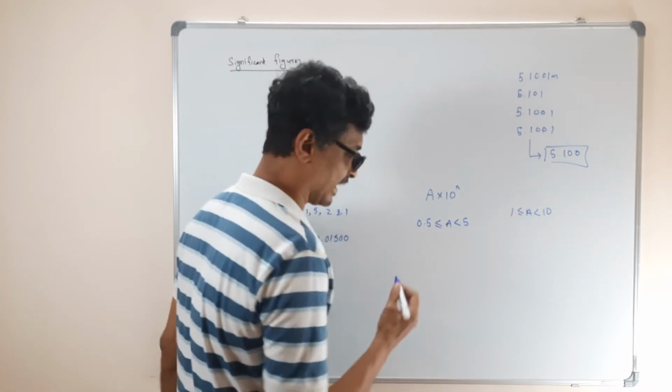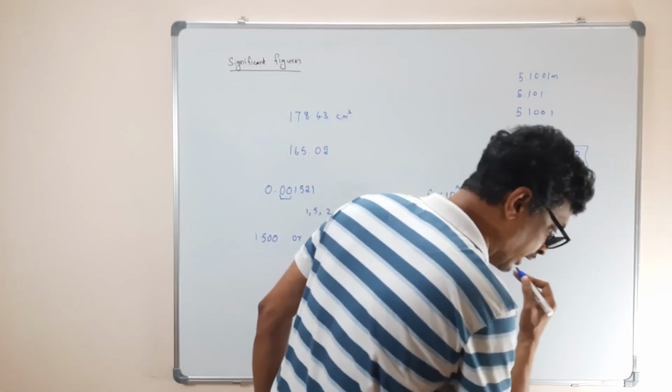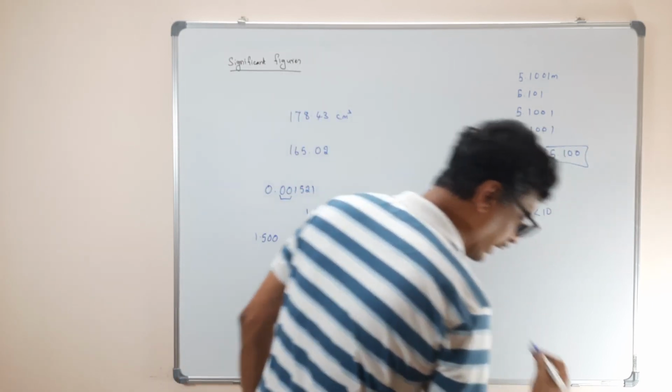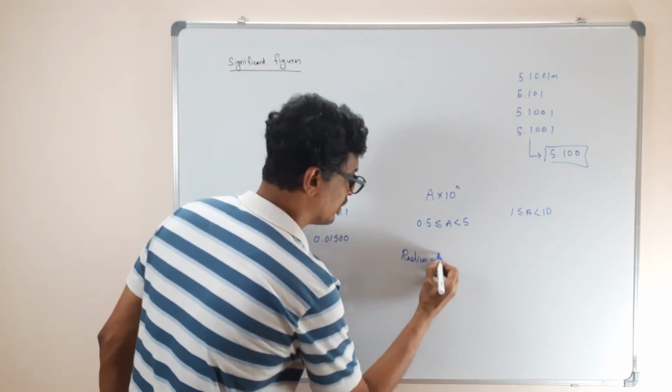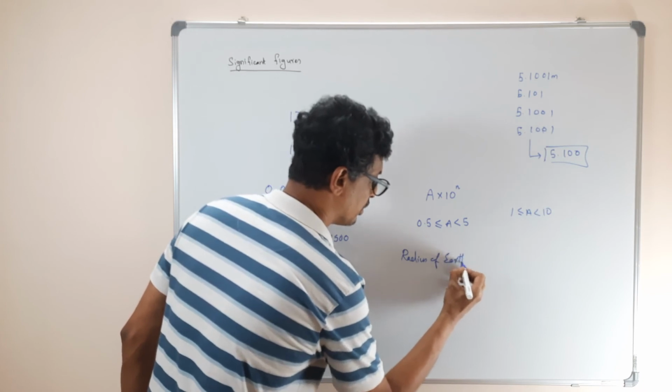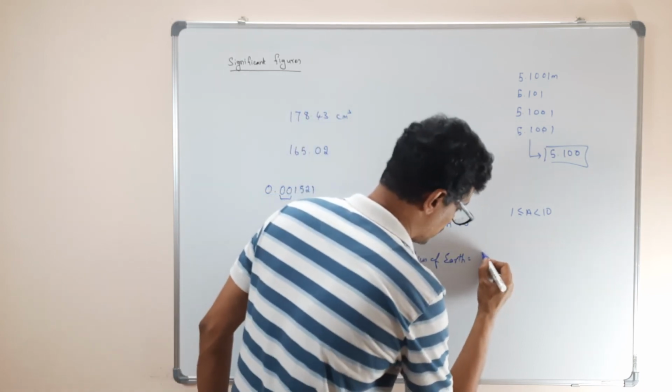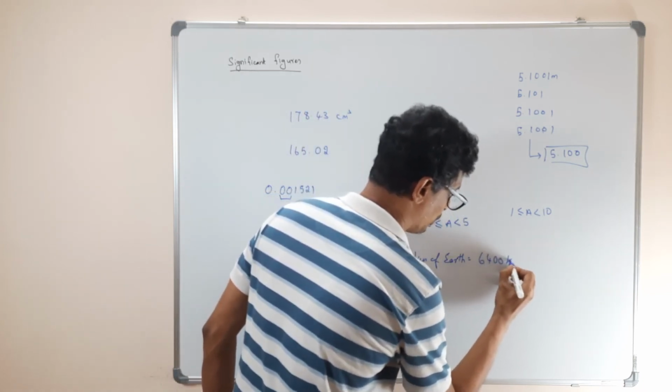Let us do an example. The same example: radius of Earth, 6,400 kilometer.